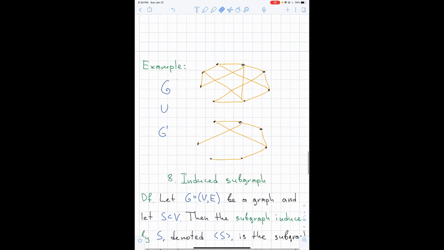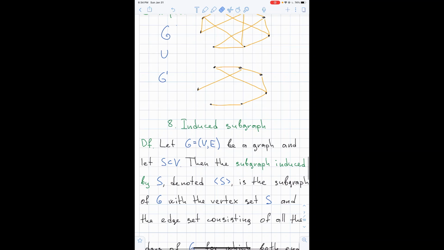Now there is a special type of subgraphs called induced subgraphs. That means that we are only allowed to remove vertices, and with each vertex we of course remove every edge that has this vertex as an end vertex.